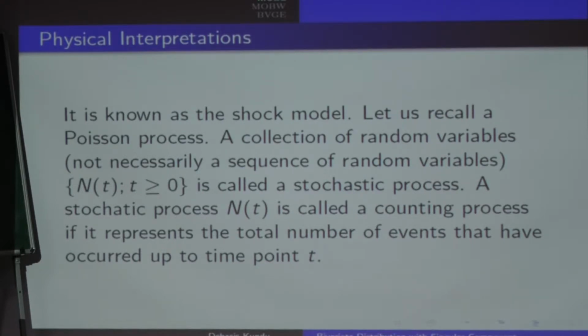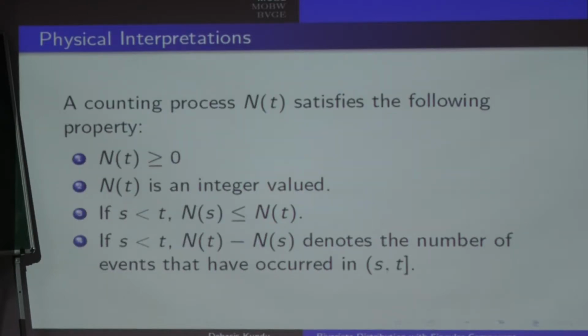Okay, so now let's look at the properties of a counting process. It's very simple because I'm looking at the number of events which have taken place, so clearly N_t has to be non-negative, N_t greater than or equal to 0. N_t, I'm looking at the numbers, so N_t clearly has to be integer valued, no problem, that is also there.